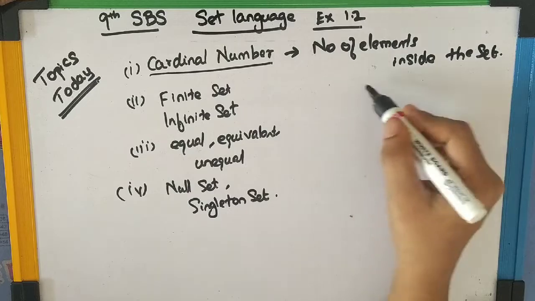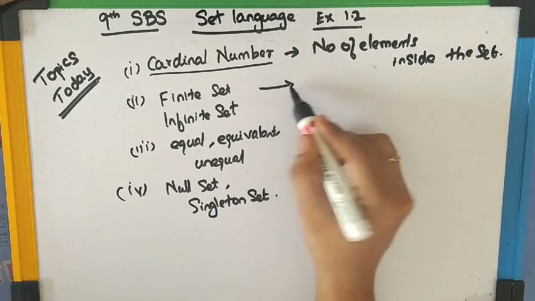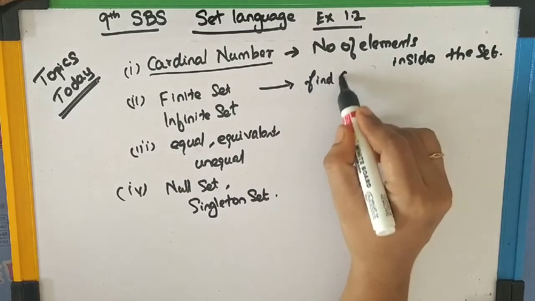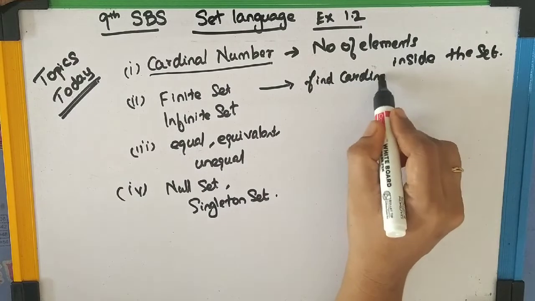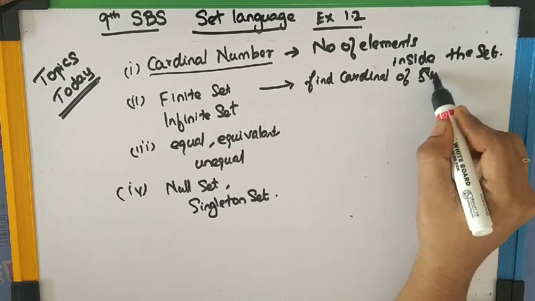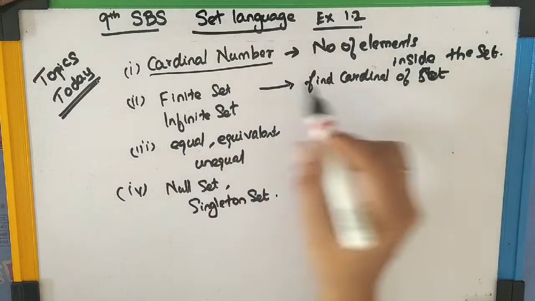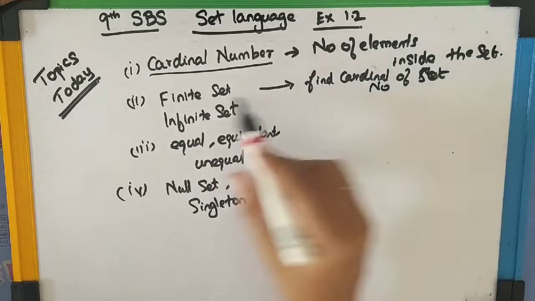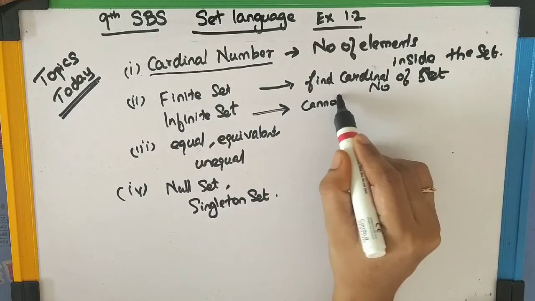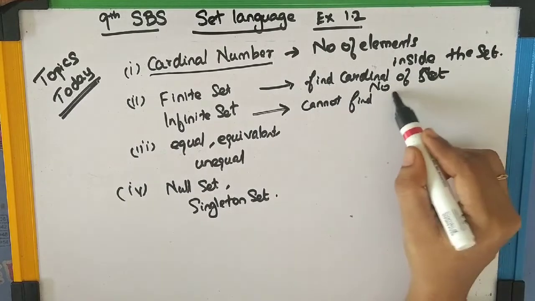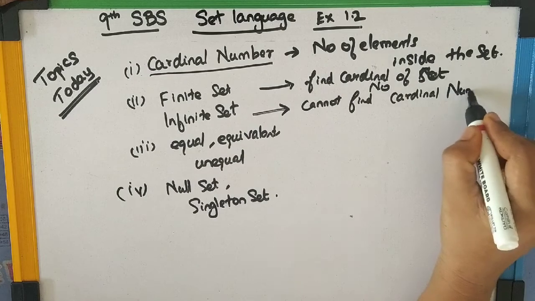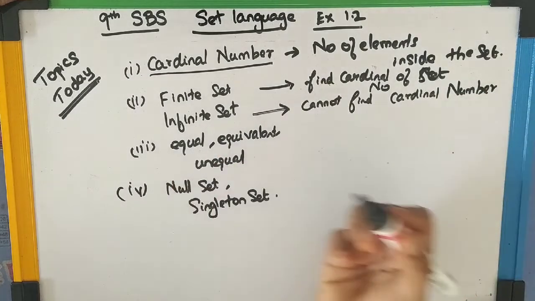A finite set is a set where we can find the cardinal number of it. If we are able to form the set and we can count the elements inside the set, then it is a finite set. Now, let's go to the infinite set. If the cardinal number of a set cannot be found, that is, we cannot count the number of elements inside the set, then it is an infinite set.